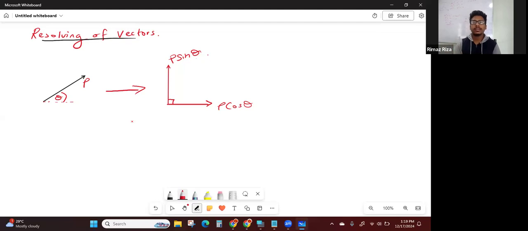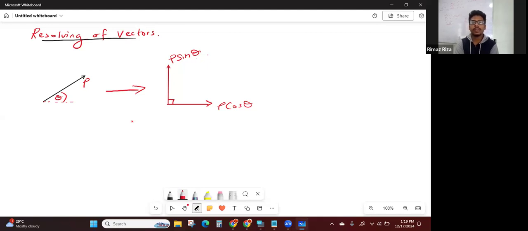And then next line you can write: generally, a vector is resolved into two small perpendicular vectors, within brackets, components.